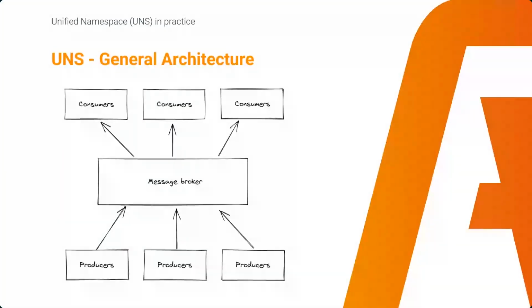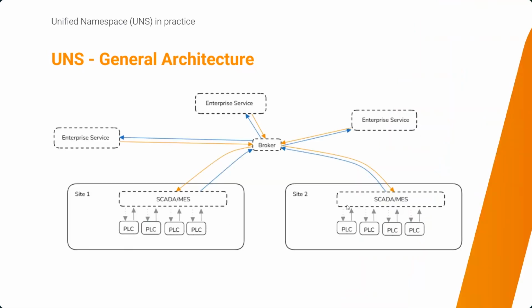So let's have another look at this general architecture, how we can really deep dive into this. Whenever we take a look at the general architecture from a multi-site perspective, then of course every site, as we can see in here, has a SCADA and MES solution. This SCADA and MES is connected to PLCs, as we can see on the bottom.